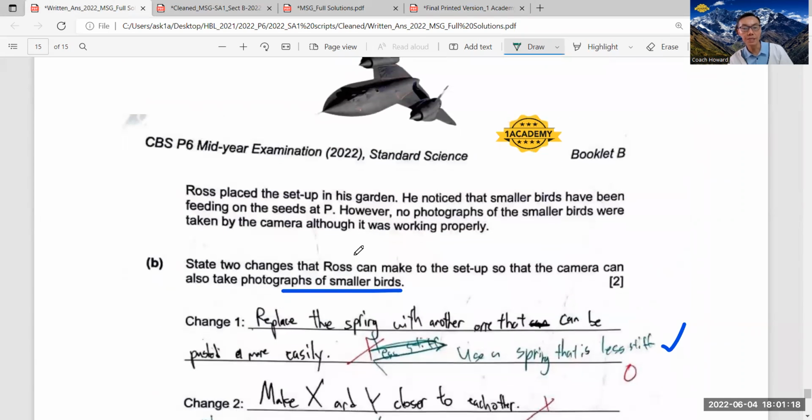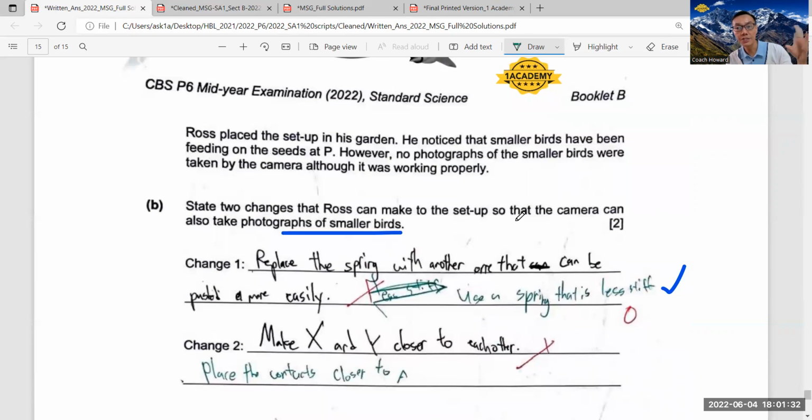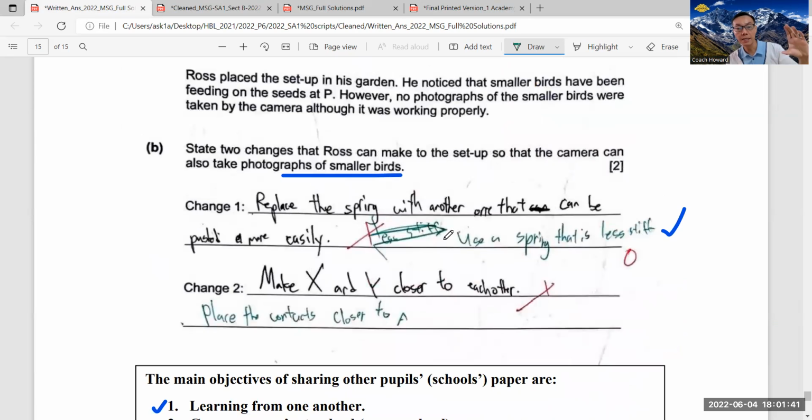Okay. Then part 2, they say, this person placed the setup in his garden. He noticed that smaller birds have been feeding on the seed, but no photograph was taken. So how can I change the system so that it can take a photograph of even smaller birds? Because a smaller bird is lighter, right? So look at the student, this part, I think the student got it wrong. Out of 2 marks, the student gets 0 marks.